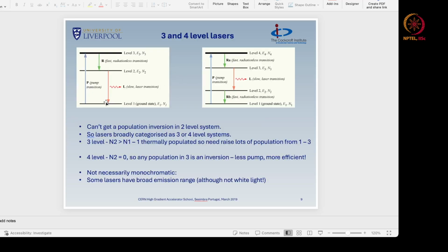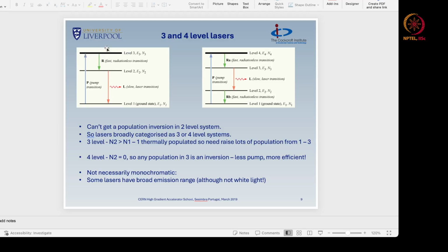So what happens in a 3-level system, for example? You use a pump which makes the electrons go from the ground level 1 to level 3. There is an intermediate level, closer to 3, which has an energy E2 and a population of N2 particles.